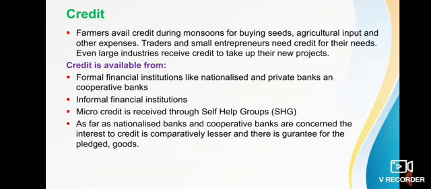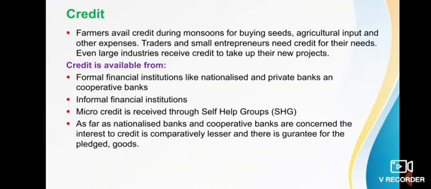Even large industries receive credit to take up their new projects. Credit is available in two forms. Formal financial institutions like nationalized and private banks and cooperative banks give credit to industries and other persons.